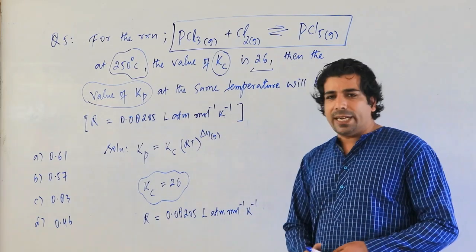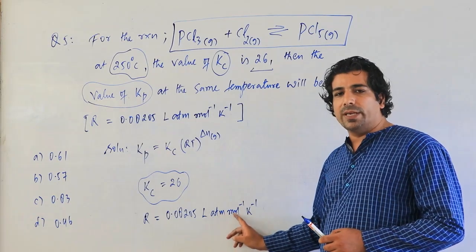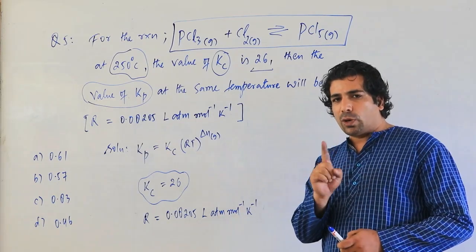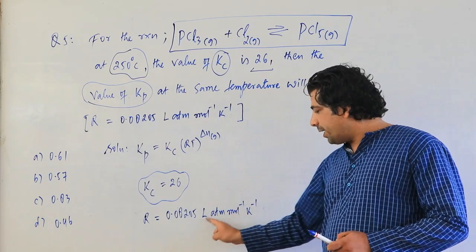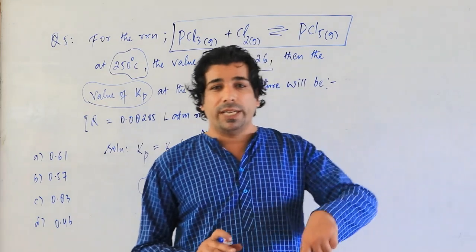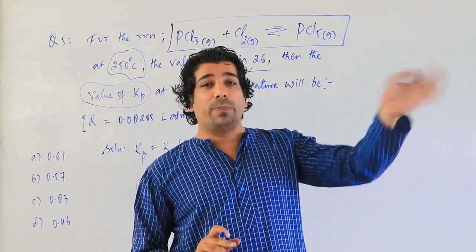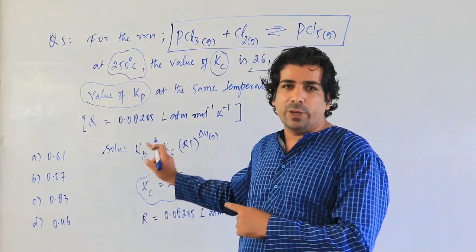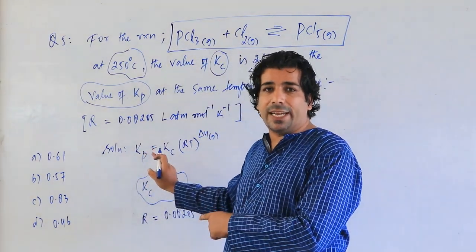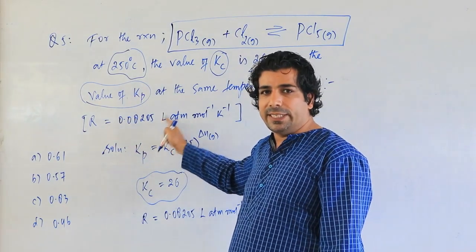Now you will be thinking, why are we taking it as liter atmosphere per mole per Kelvin? Especially you should focus on two things here, mole and liter. Because our concentrations are basically mole per liter, number of moles per unit volume. So concentration is mole per liter. That's why the unit of the ideal gas constant R is also taken in liters and moles, my dear friends.